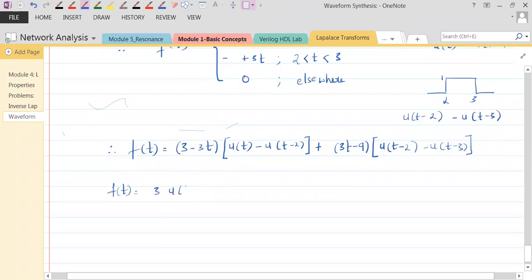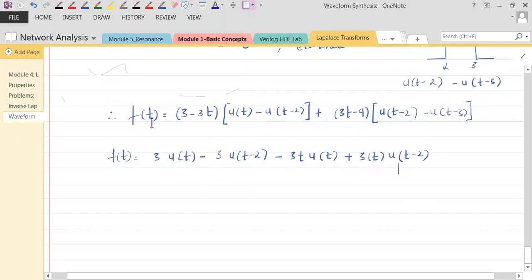It's 3 into u(t). Everybody keep going with this. Then we have minus 3t into u(t). Then minus into minus, plus 3t into u(t-2).